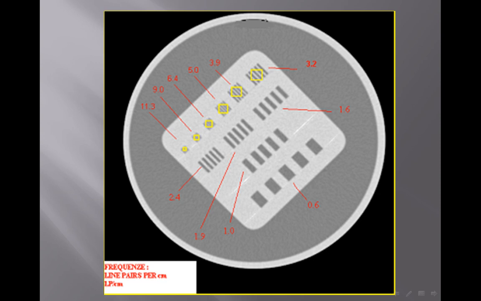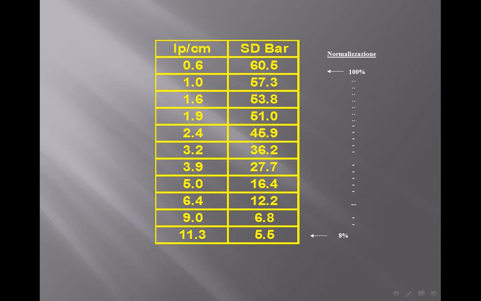So now I have the values of line pairs per centimeter for all groups of line pairs in my CT image. I will draw the region of interest and get the standard deviation for each one.